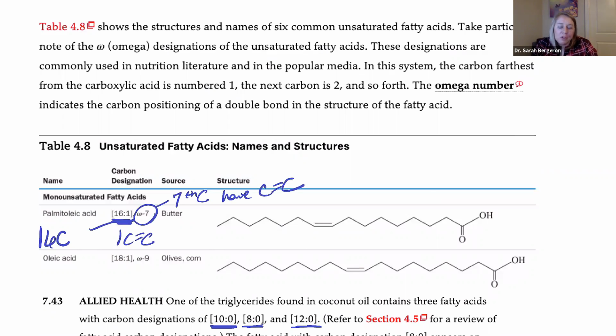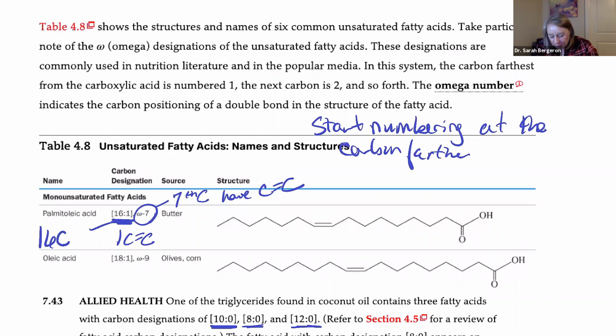So remember, when you count, be very, very careful. You start numbering at the carbon farthest from the carbonyl. Okay, so here's my carbonyl. That's my carbonyl carbon right there. So it's 1, 2, 3, 4, 5, 6, 7.